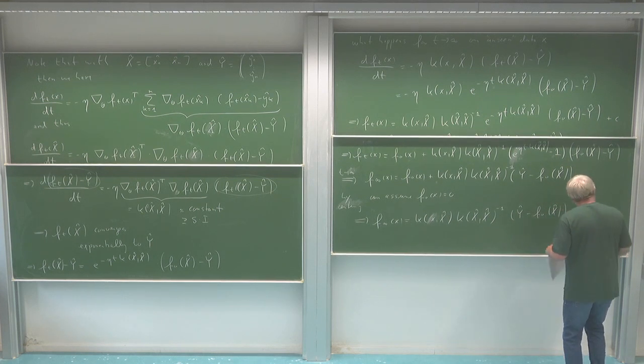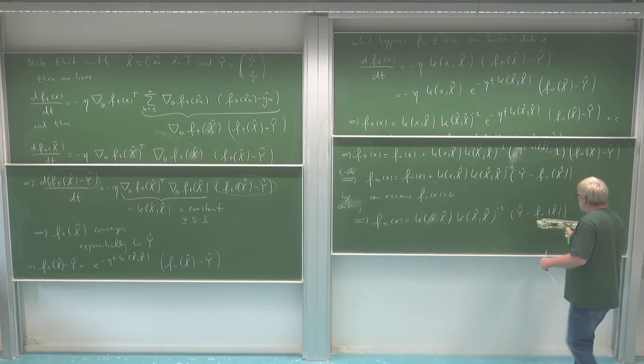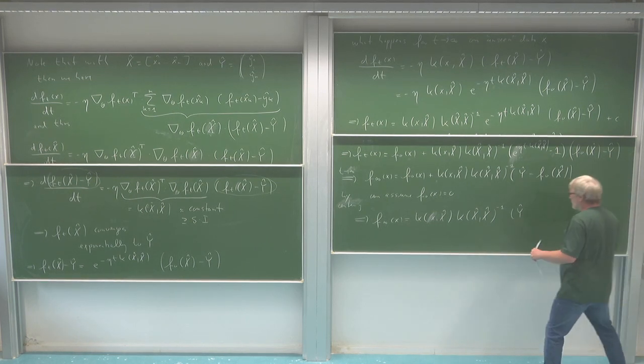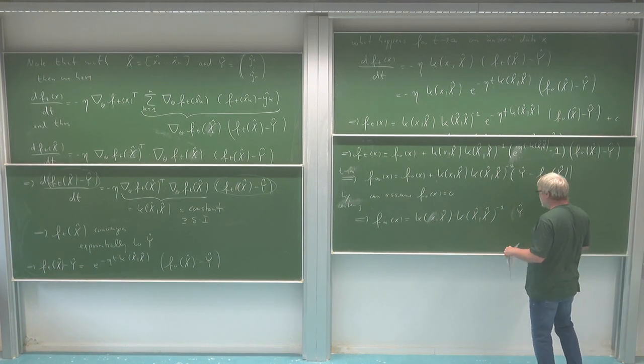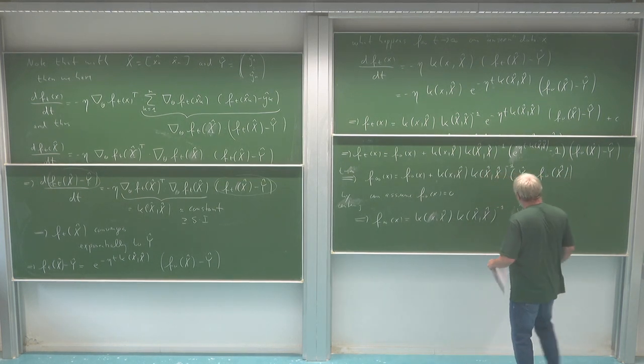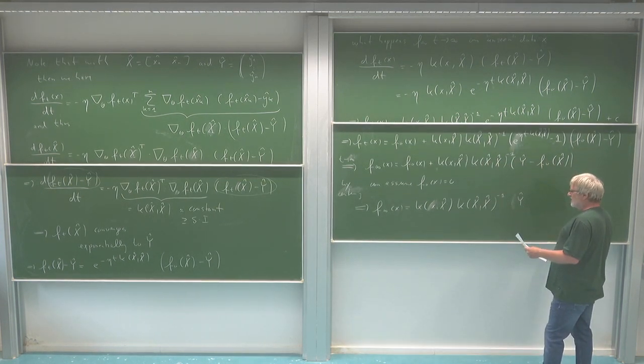Okay, and all this f0 I can also get to 0. So I start with a net where at the beginning f0 is just 0 everywhere. Then I just have this.